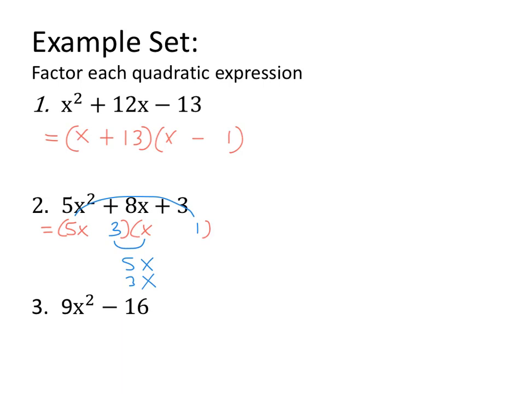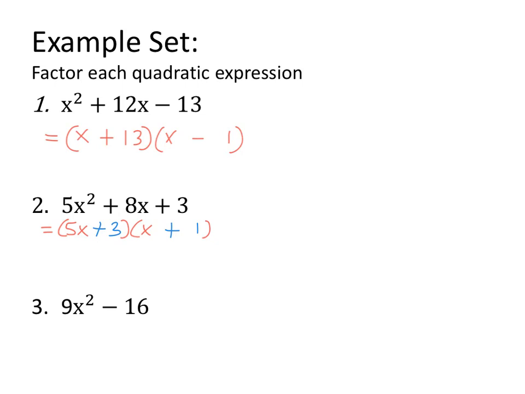And I don't need to worry about a positive sign or a negative sign, so I can have a positive there and a positive there, and that would end up working out. I could multiply the whole thing out and check, but just from experience, I know that that will work out for sure. So let's erase all these pieces and clean that up a little bit, and I should be good to go.